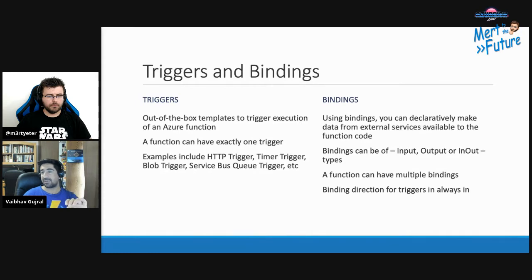Unlike a trigger, a function can have multiple bindings because a function can integrate with multiple services at a time. It can talk to a blob as well as a queue. And for a trigger, you also have to define a binding, which is always of the direction in, because it always captures the information and passes it to the Azure function.